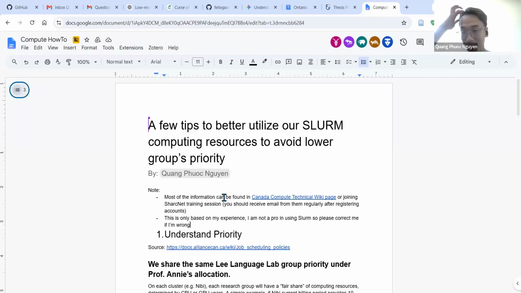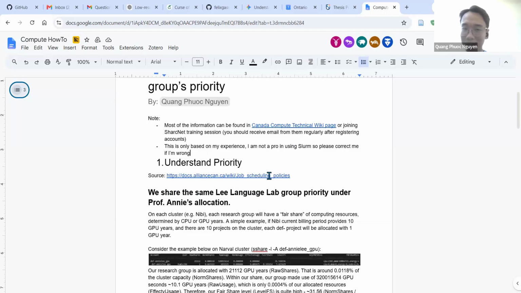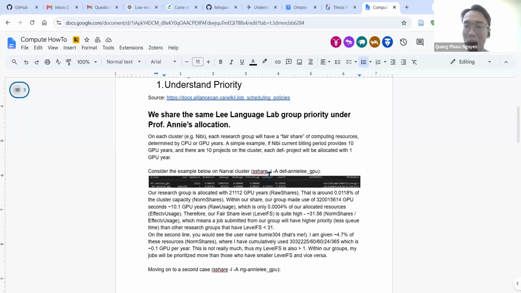Okay, so given that we all have some experience with submitting computing jobs to Compute Canada, I will go through some definitions of group and user priorities that we might want to take a look into.